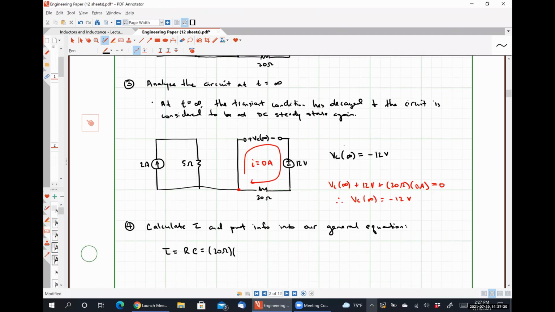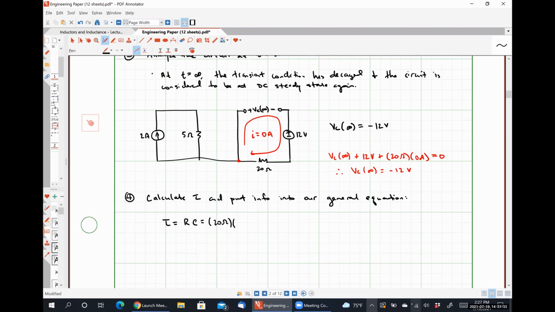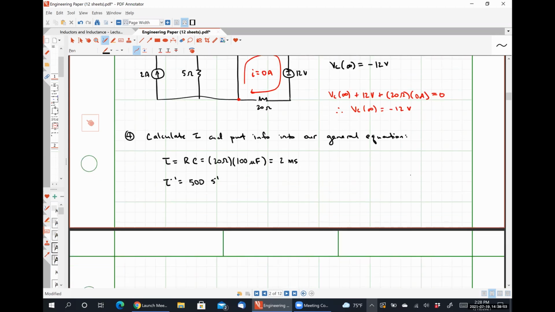Yeah. Which I get to be, so let's see, 20 times 100 times 10 to the minus 6, 2 milliseconds, and tau to the minus 1 power would then be 500 per second.